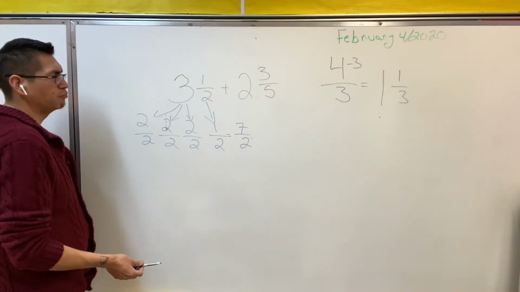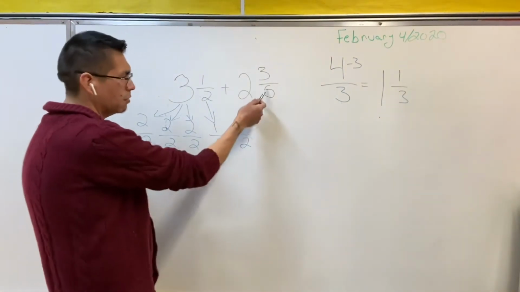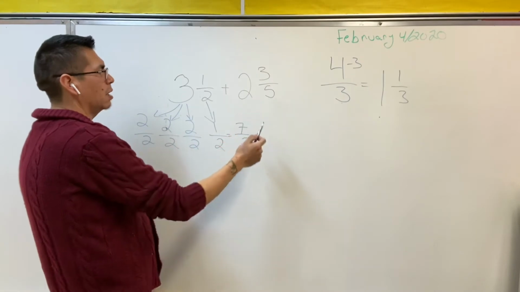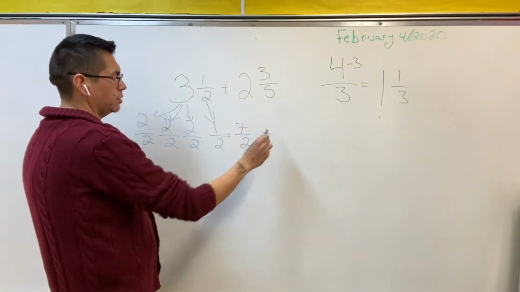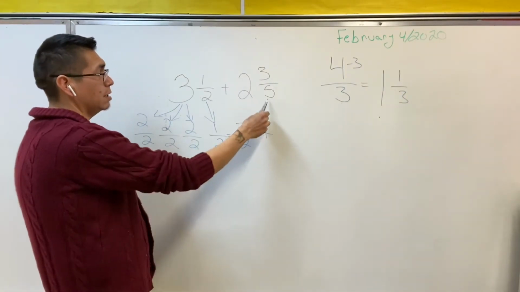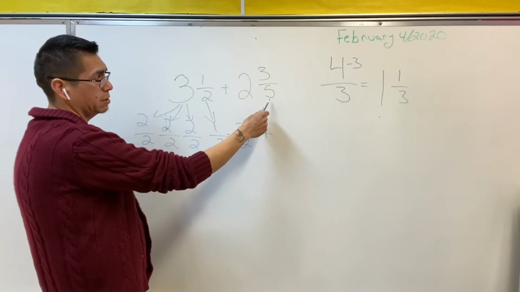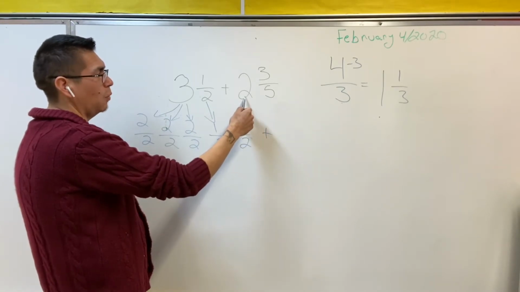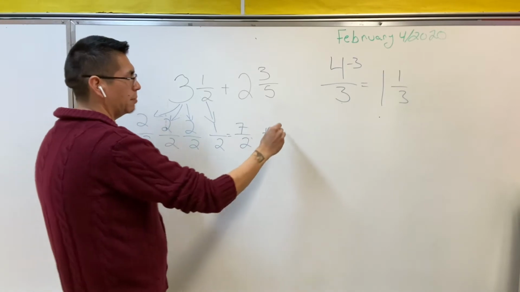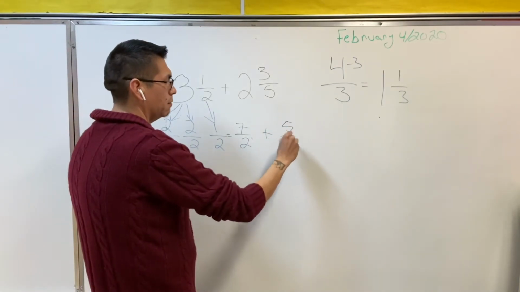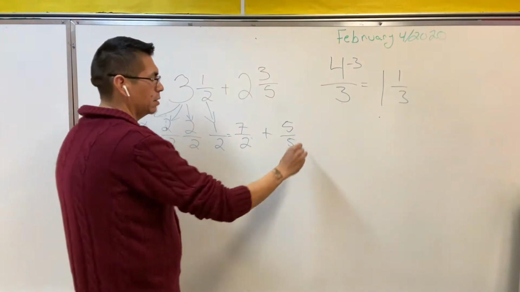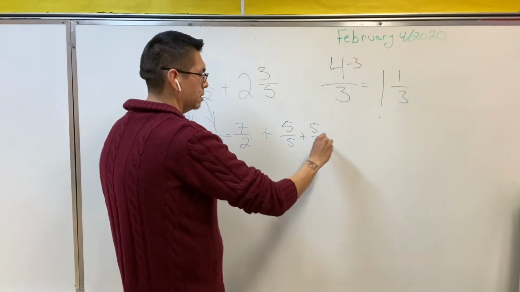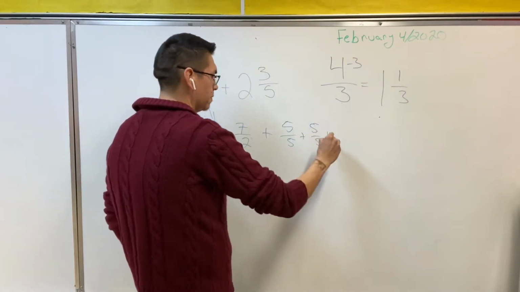Now, same thing over here. In this case, we're working with fifths. So we have 2 whole chocolate bars. So that means we have 5/5 plus 5/5 plus 3/5.